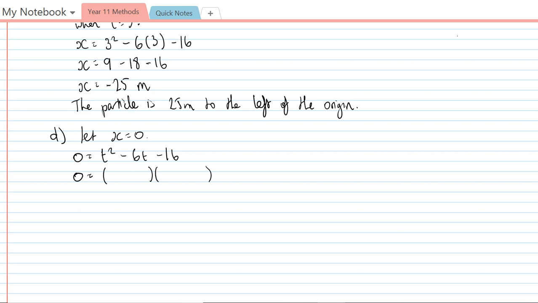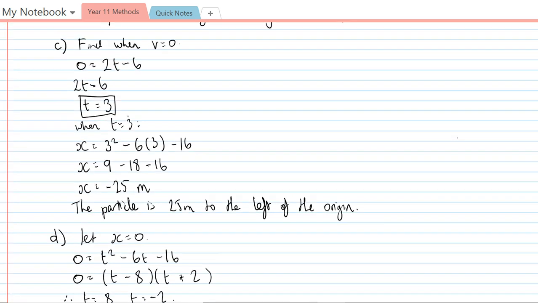Looking for two numbers that multiply to give negative 16 and add to give negative 6. It should be t minus 8 and t plus 2. So solving this means that t equals 8 and t equals negative 2. The thing is that t equals negative 2 isn't really a reasonable answer because time doesn't go negative. So I'll reject the negative solution, and so we just get t equals 8. Okay, so that means that after 8 seconds the particle is at the origin.